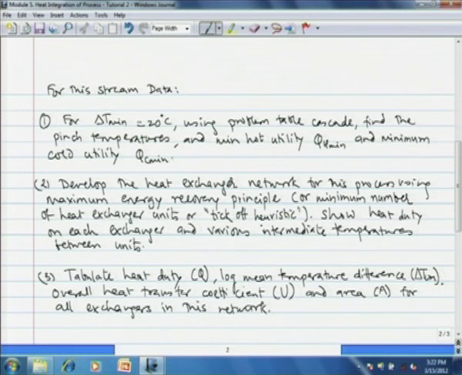Then the second question is development of the heat exchanger network for the process using maximum energy recovery principle or minimum number of heat exchanger units, or what is known as the tick-off heuristic that we have seen in the theory lectures. We are also supposed to show the heat duty of each exchanger and the various intermediate temperatures between units in the network grid.